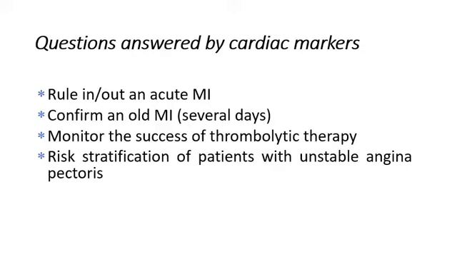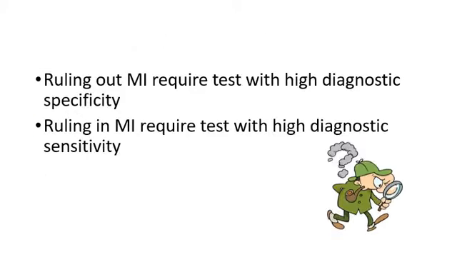Third, monitoring the success of treatment, and finally, risk stratification of patients with unstable angina. So the main uses are to rule in and rule out myocardial infarction. And to rule out myocardial infarction, we need tests with high diagnostic specificity. And to rule in myocardial infarction, we need a test with high diagnostic sensitivity.